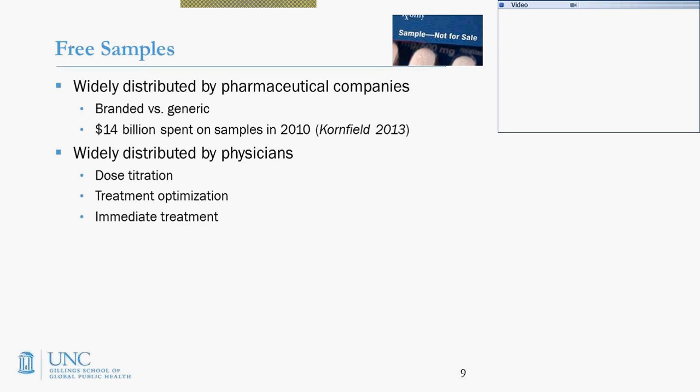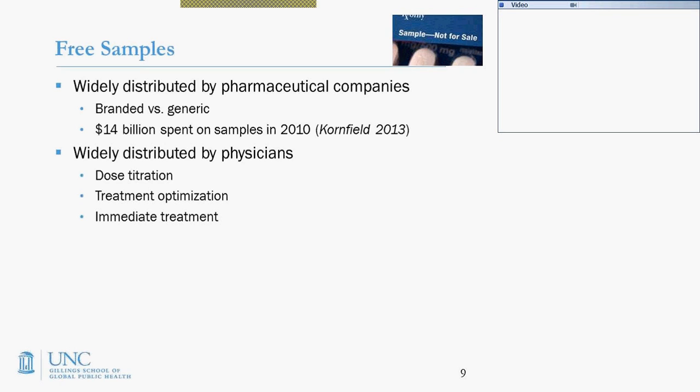But different people have different opinions towards free samples. How is it challenging for us, for researchers using this data? Because of these free samples, there's no record sent to pharmacy benefit managers, so there's no record in the claims.